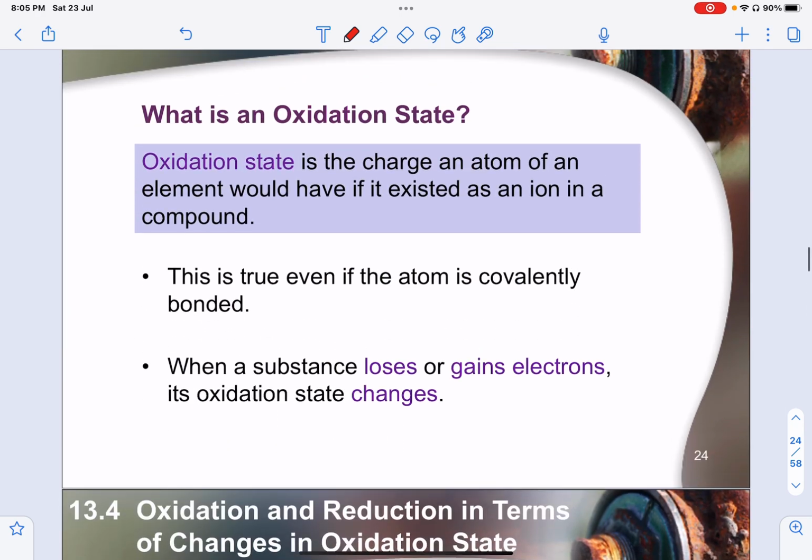Next is oxidation state. So what exactly is an oxidation state? It is the charge that an atom of an element would have if it exists as an ion in a compound. Later on we will see how to go about calculating this oxidation state. This oxidation state, in other words, is very similar to the overall charge of the atom within that ion.